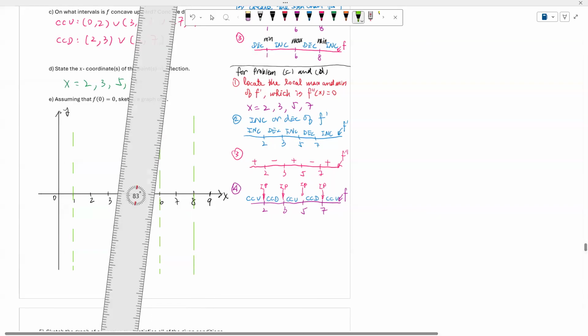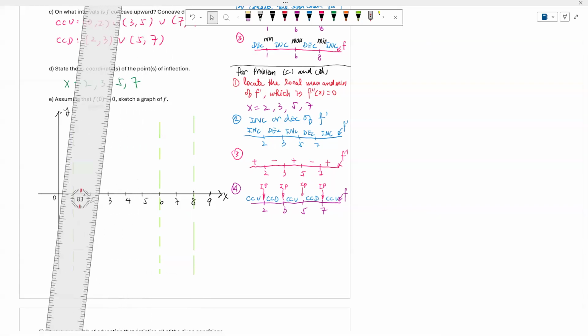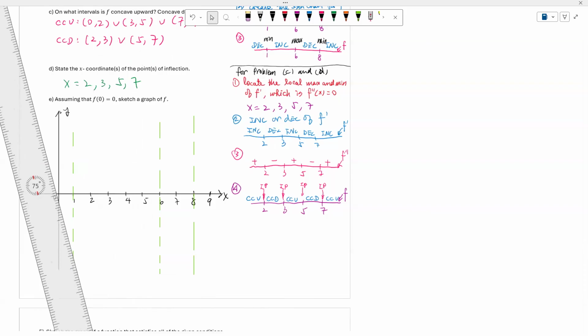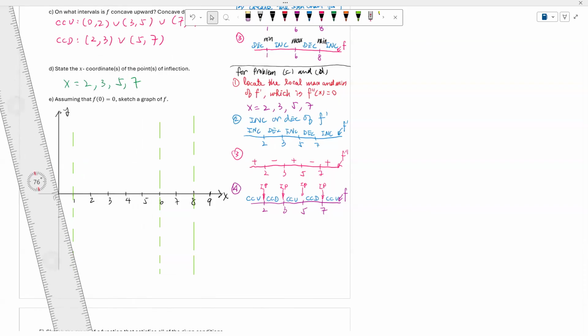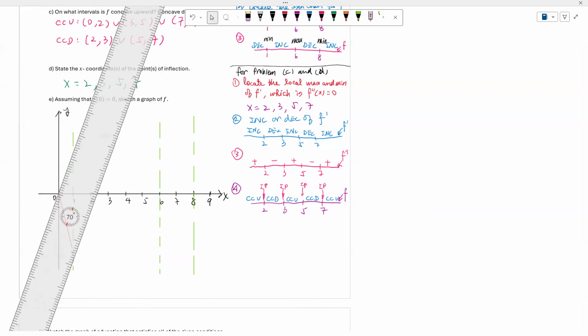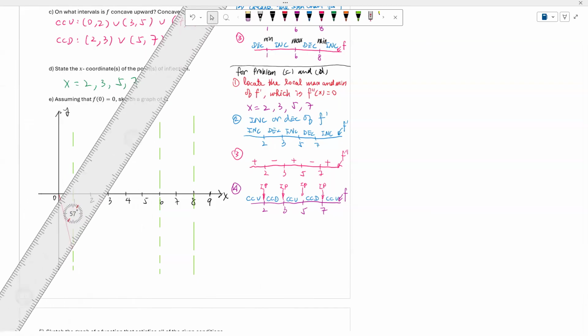And then we work with the increasing and decreasing. Okay. So then we have it first, it is decreasing between 0 and 1, and then increasing from 1 to 6.